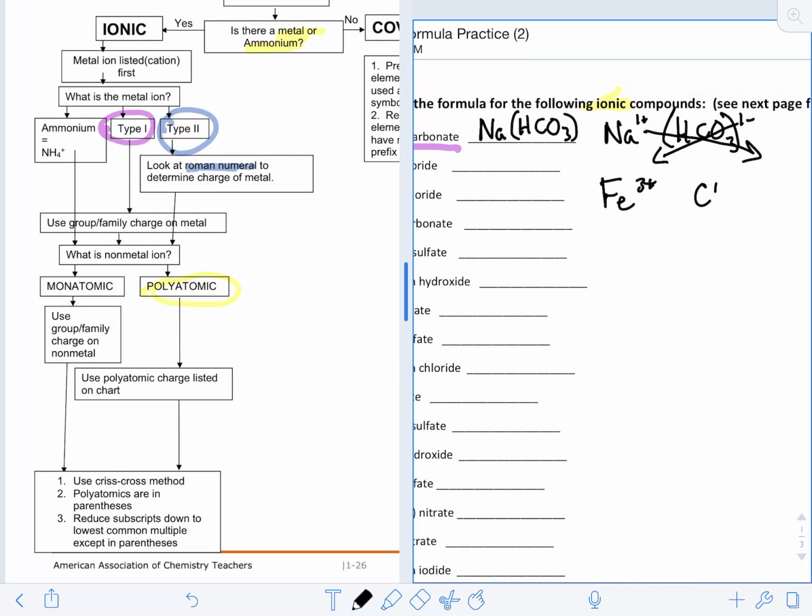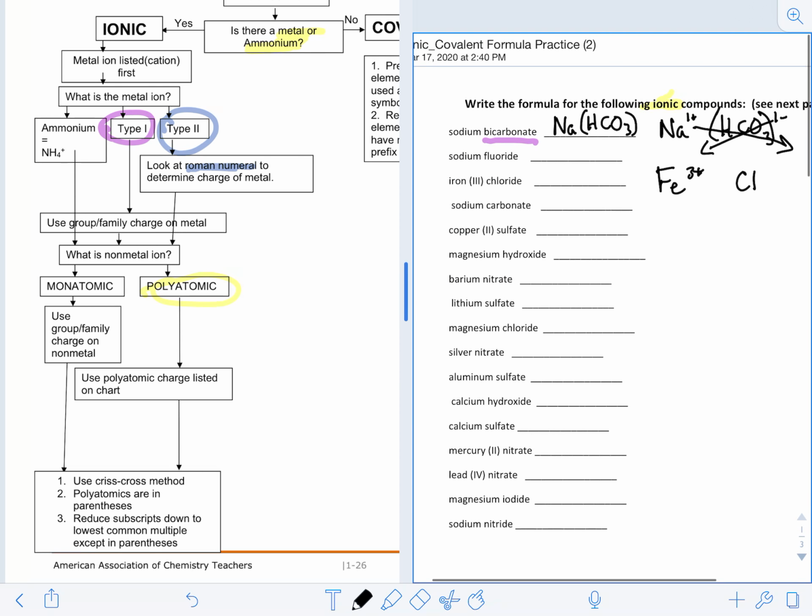Now, chlorine is found in group 17, which is the halogens, and that would be a 1- charge. Since the nonmetal is by itself, I don't need parentheses. I just need to bring down the number and not the charge. So when I write this formula, it's going to be Fe, with an understood 1 that comes from chlorine, and then Cl with a 3 to represent the number, not the charge, that comes down with that.